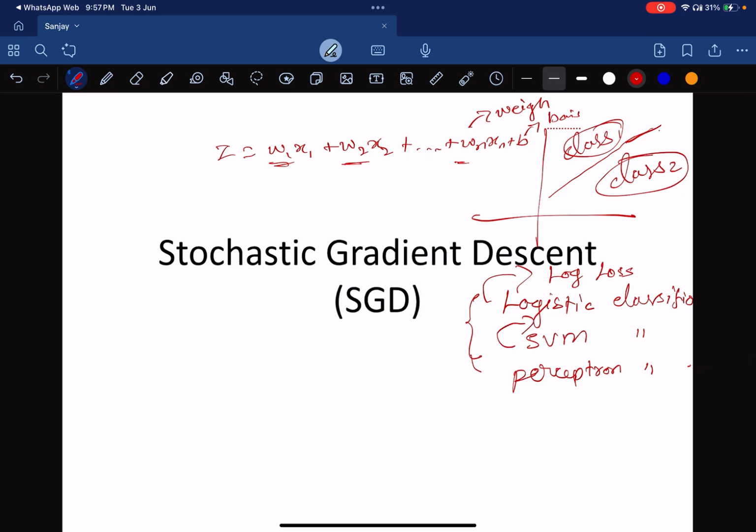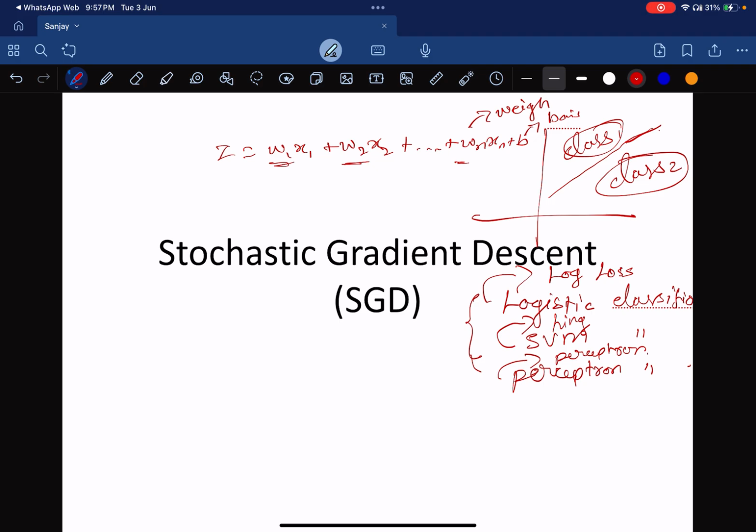In SVM, the loss function is called hinge loss, and in perceptron it is called perceptron loss function. Stochastic gradient descent can implement all these three algorithms, and we need to tell it which algorithm we are using, and based on the algorithm it will change its loss function.